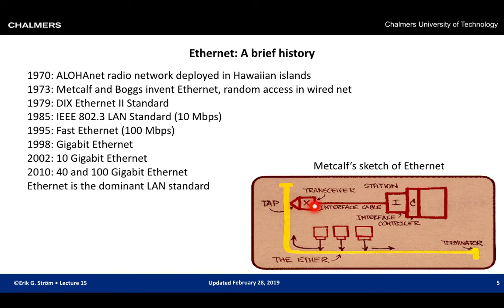And then there is an interface cable to the actual computer, where there is some interface card, a controller, whatever, and here we have the computer. Okay, and when we want to add another computer to this LAN, we basically drill another hole in this coaxial cable and put in another tap here and so forth.